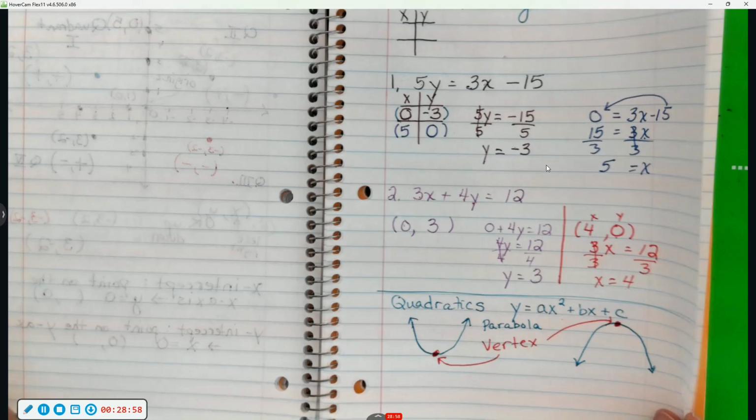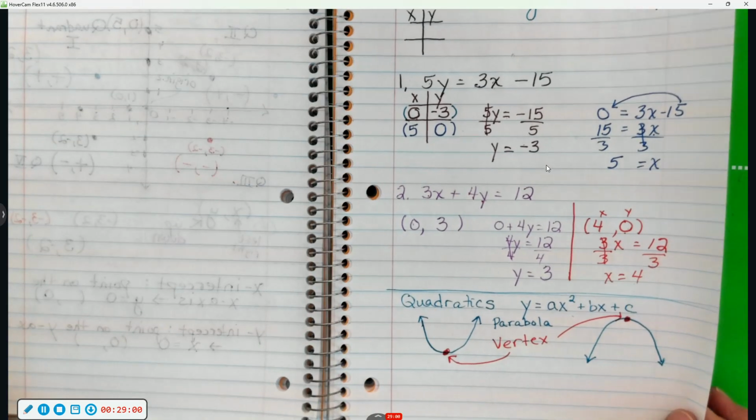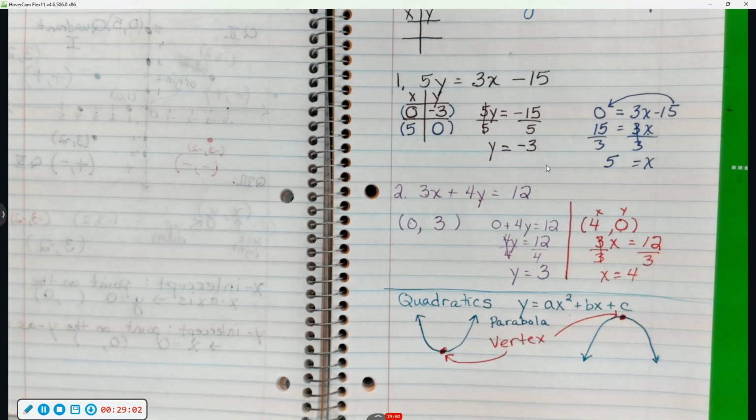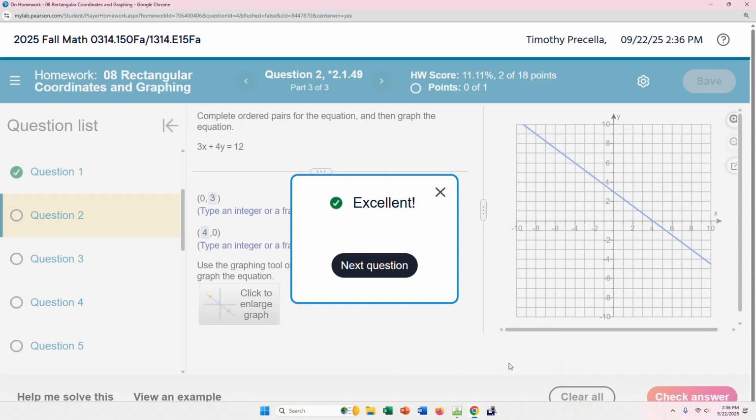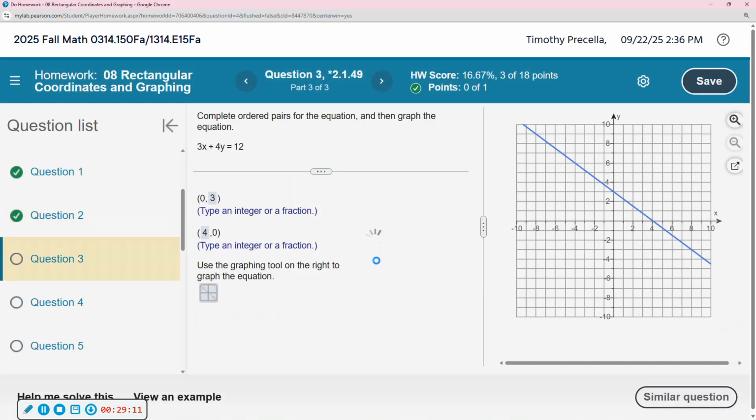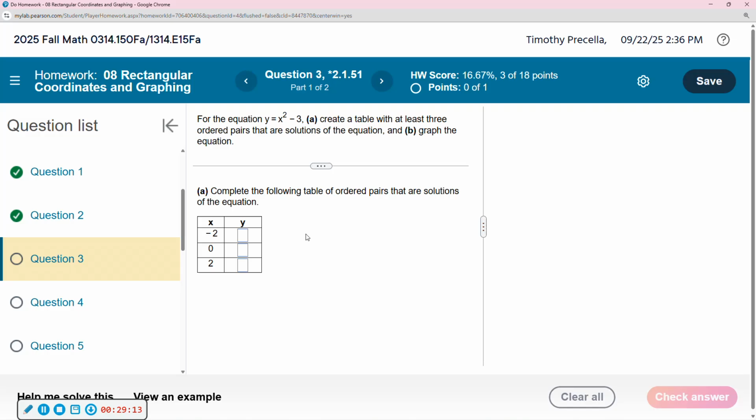And I'll demonstrate by doing problem number 3. Next question. It says, for the equation y equals x squared minus 3, create a table with at least 3 ordered pairs, well, here are the 3 ordered pairs that are solutions, and then graph the equation.